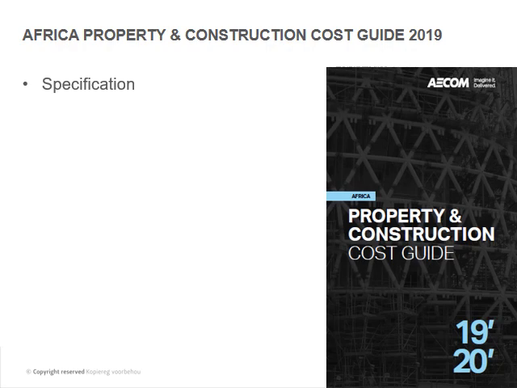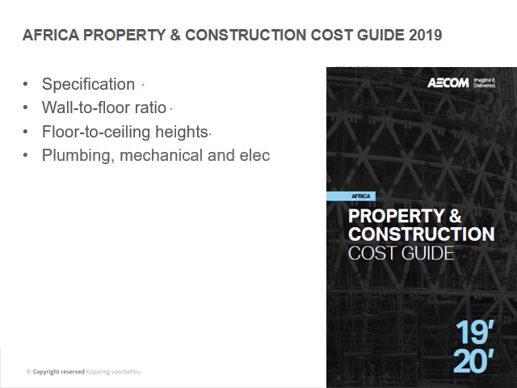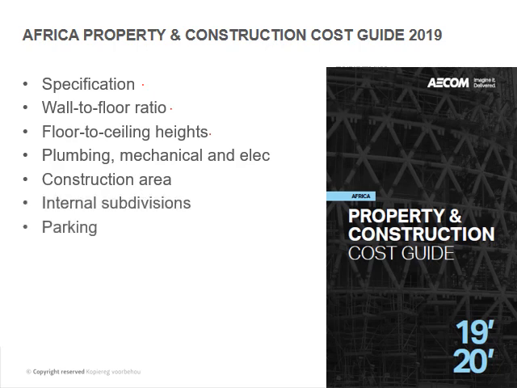We did do it in class, but the main thing about this document is that it's all about the specifications: wall to floor ratios, floor to ceiling heights, that's important, plumbing, mechanical and electrical work, construction areas, internal subdivisions, parking, and so on. All of these items play a big role in the actual cost or estimate of the building.